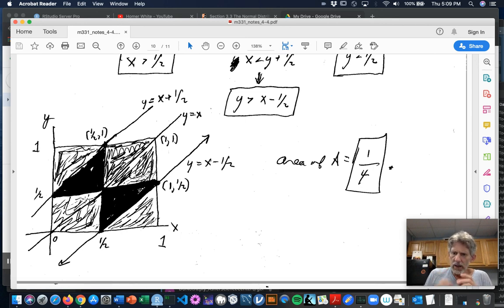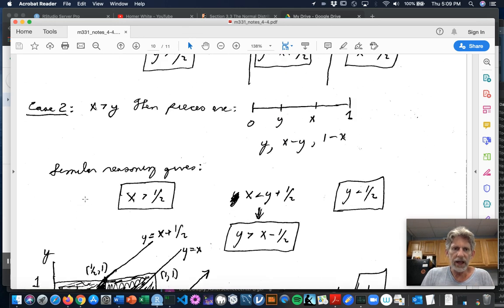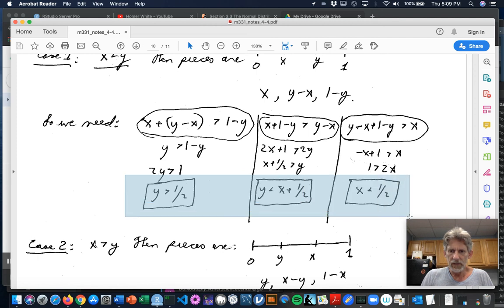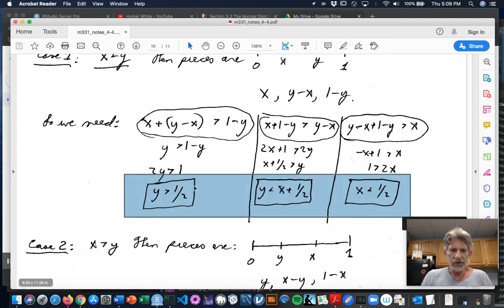Okay, so when x is less than y, what else has to happen? Well, it's these three things. From the first thing, your point's going to be more than half a unit high.